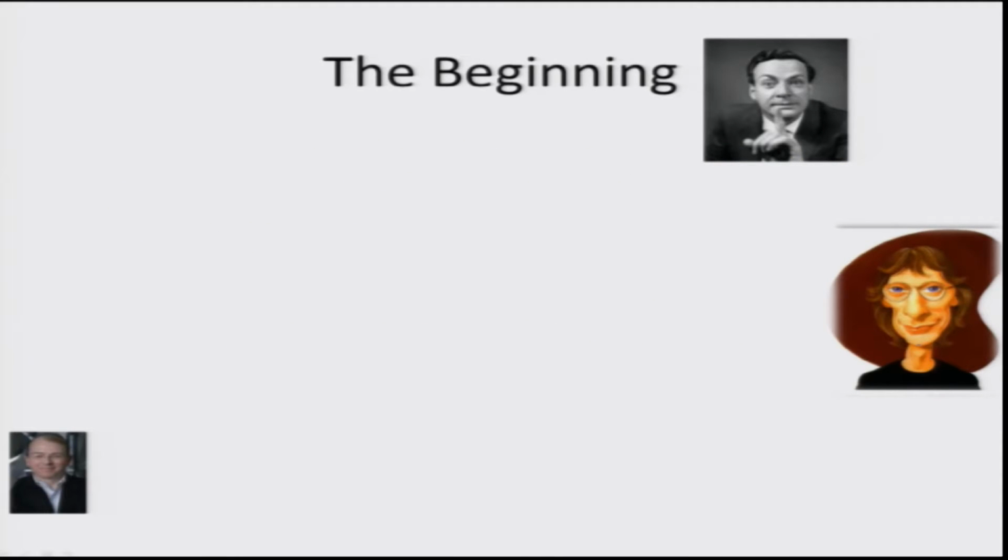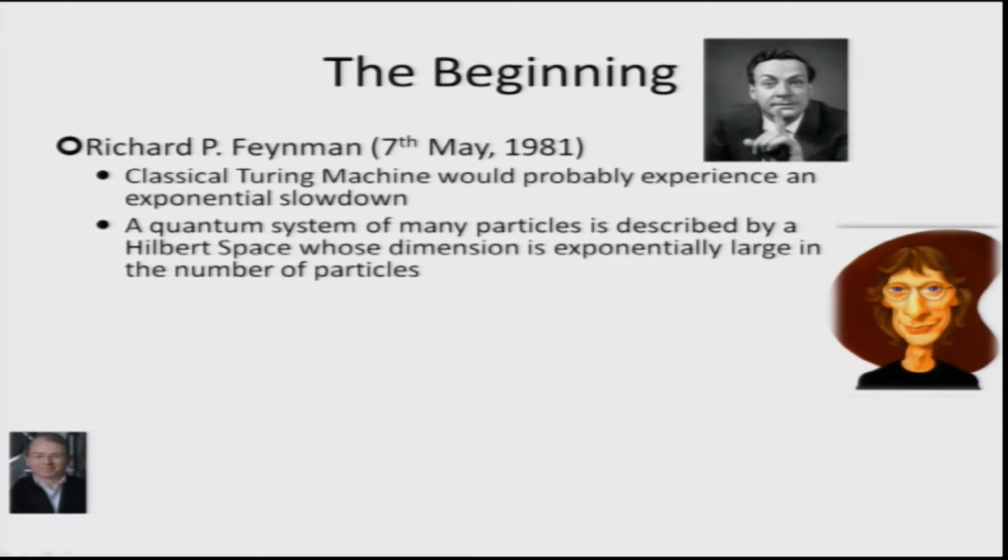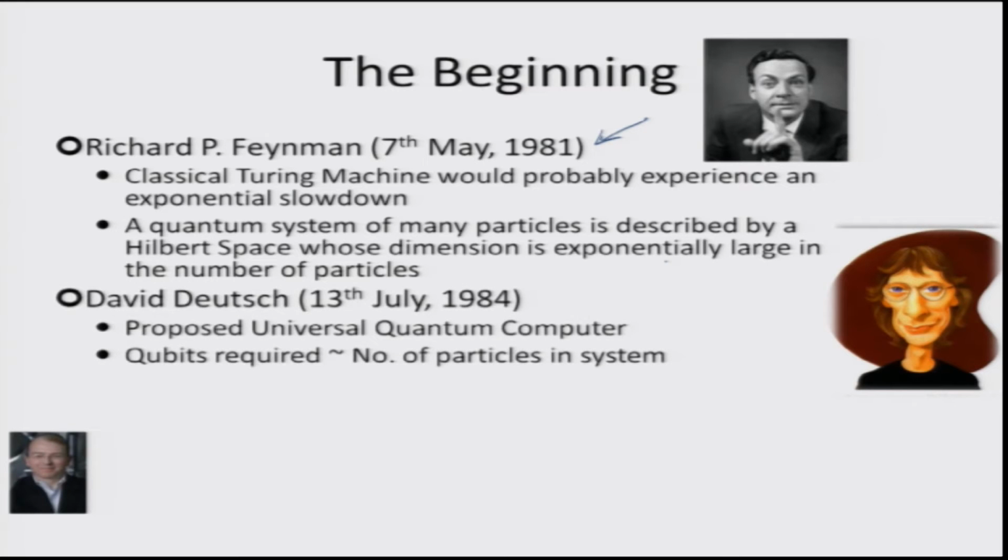In terms of quantum mechanics, the use of quantum mechanics in computers started in 1981, where the statement was made that the classical Turing machine would probably experience an exponential slowdown because of the probability issues as you become smaller. The other side of the story was that a quantum system with many particles is described by a Hilbert space whose dimensions are exponentially large in the number of particles, which means that it can be utilized for its advantages.